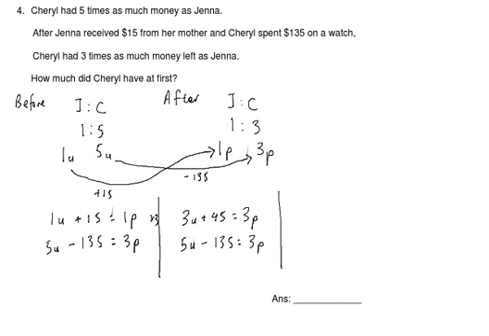Okay, so now we can see that 3 parts and 3 parts, right? I can start solving, right? Now, Xuan Wei, tell me what's the equation? Three U plus 45 equals to 5U minus 135.